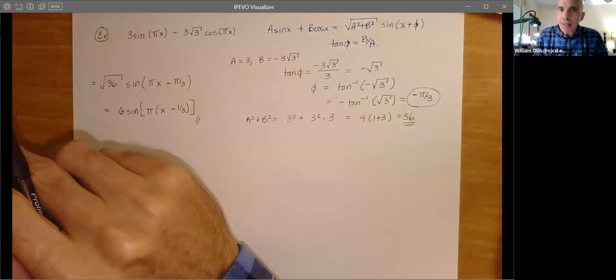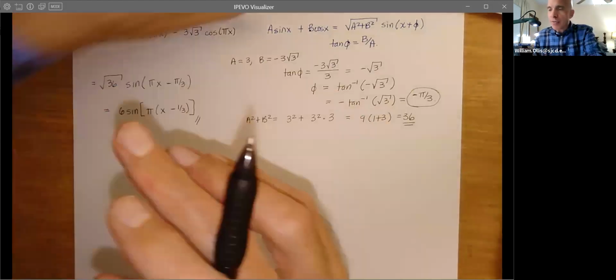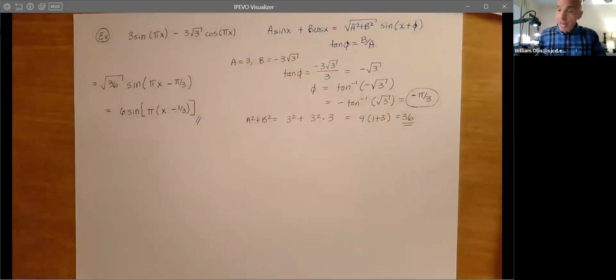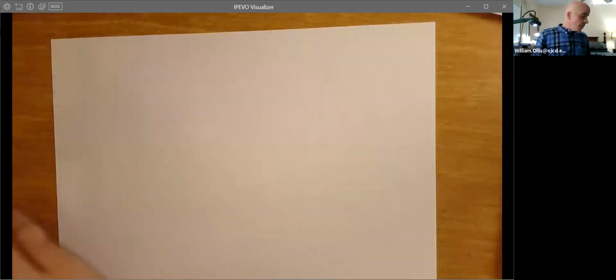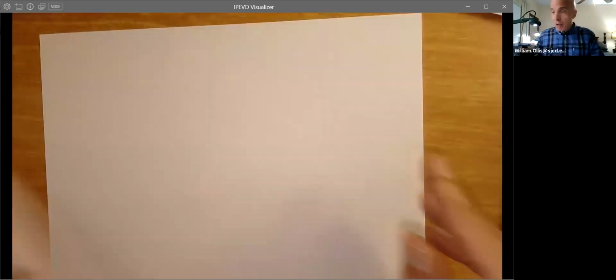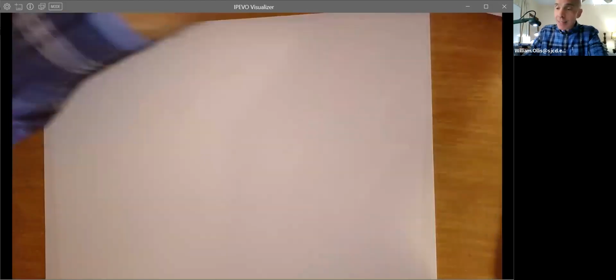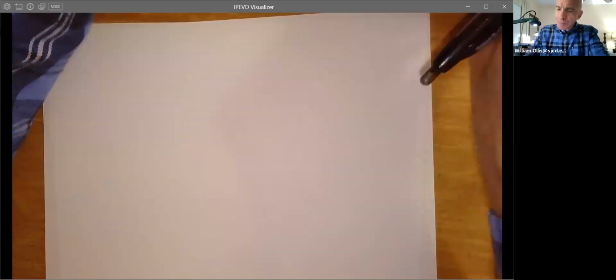The idea again is finding ideas that put the trig functions together in ways that make it useful for the types of problems that we have to do. Now, I have another example that I want to do before I talk about the power reducing ideas. And I think this is a good one.